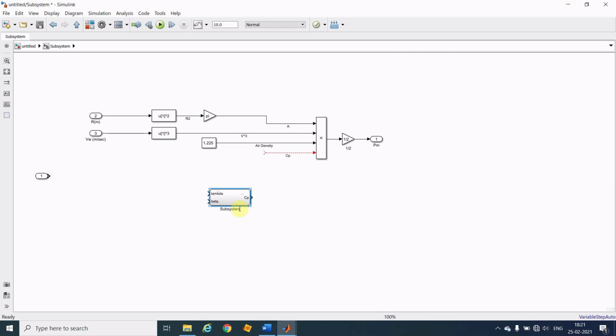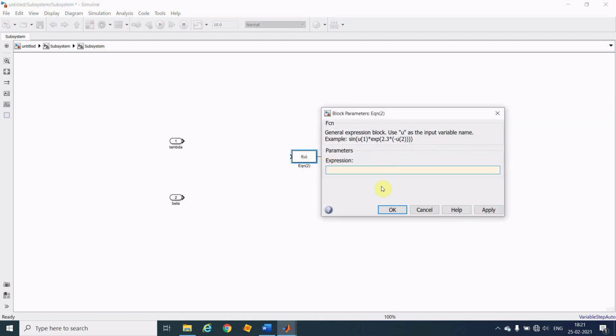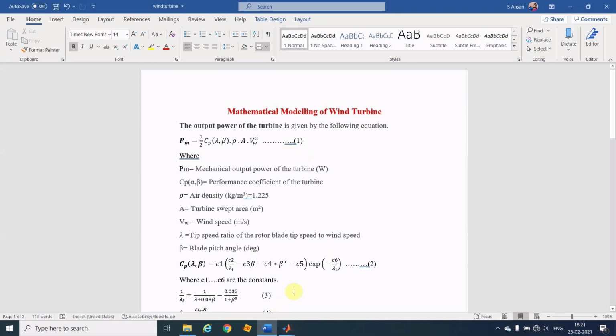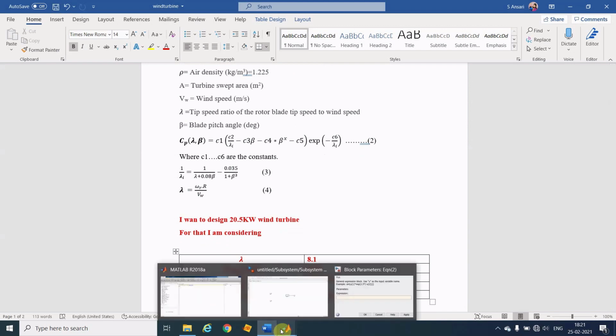So here I will take a function, okay, and I will implement the second equation, okay, equation 2. So just I will go there, okay, and here.